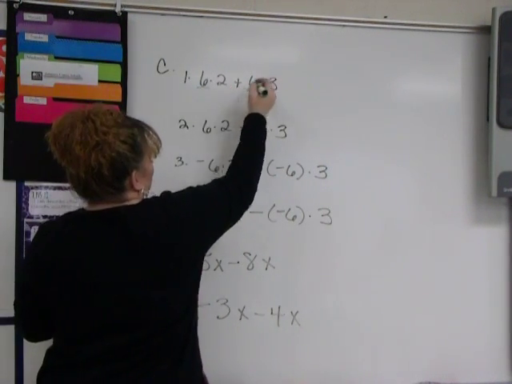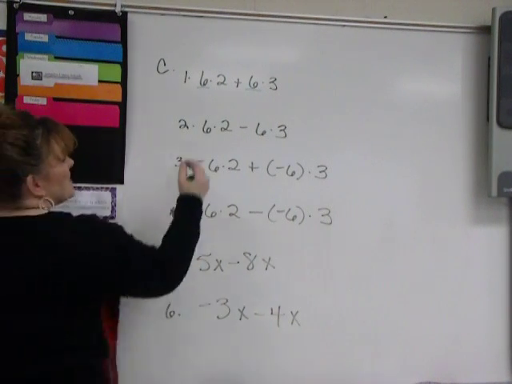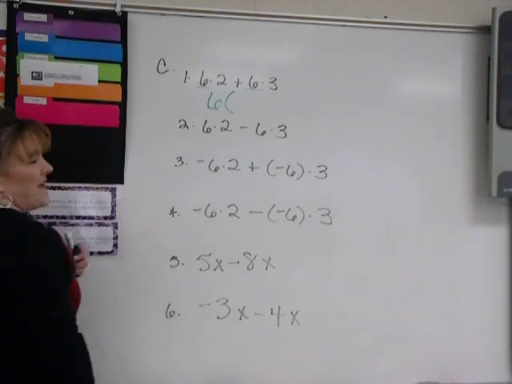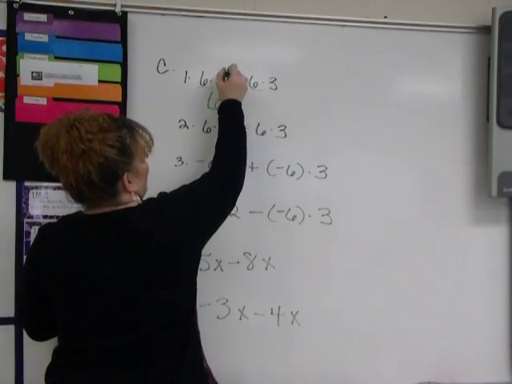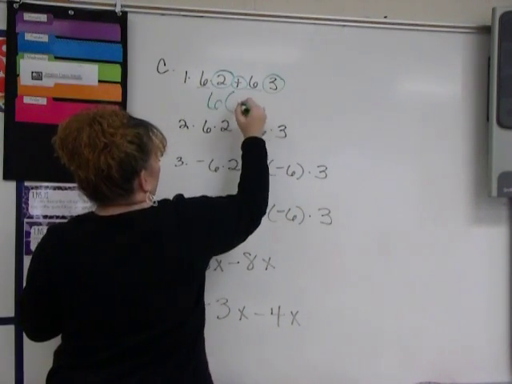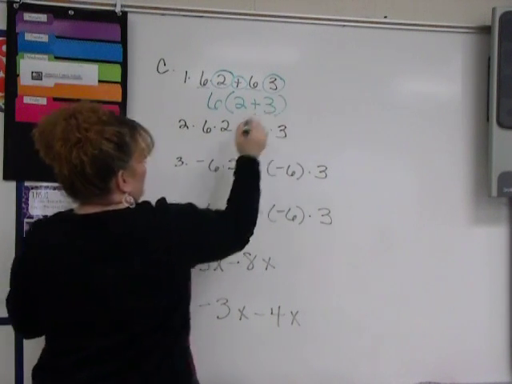This is the number that had been given to both. So that's the number that goes on the outside of the parentheses. Then what goes on the inside is 2 plus 3. And then you close it.